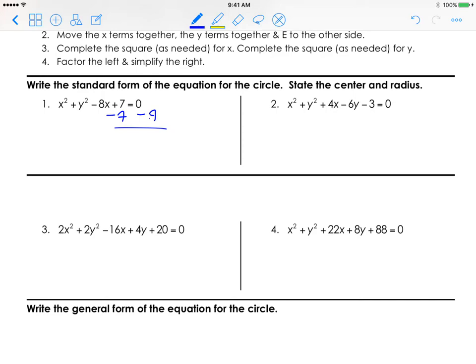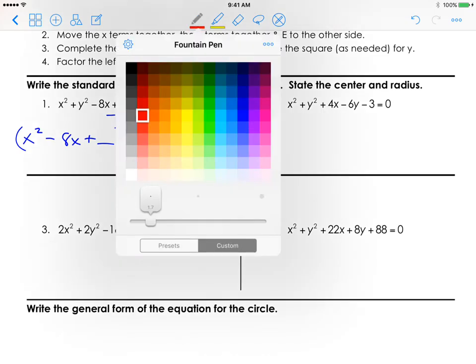So I'm going to move 7 over, and then I'm going to rewrite my problem where x squared is next to negative 8x, because that's going to be a completed square. And then y squared doesn't have a friend, so he doesn't get to complete the square today. It's negative 7.